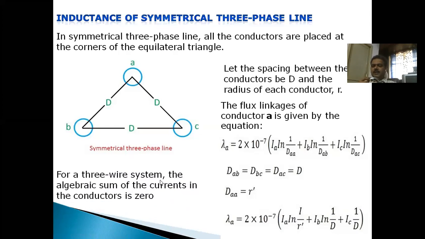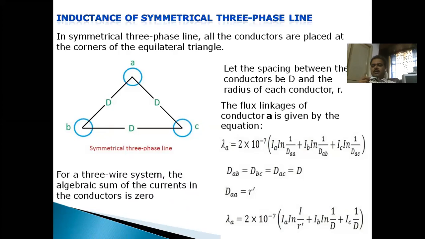Now, for the three-phase system, the algebraic sum of currents in the conductors is 0. We know that I_A plus I_B plus I_C is equal to 0 in case of a balanced system.